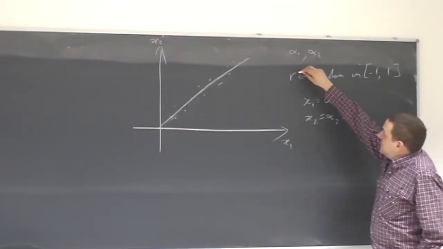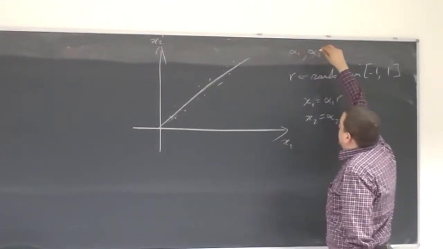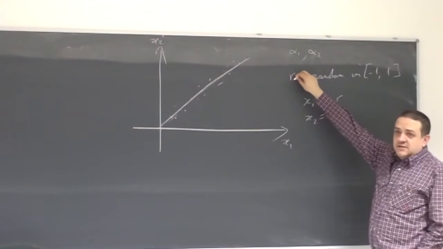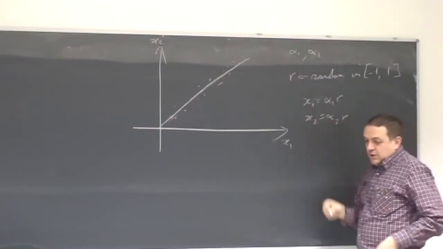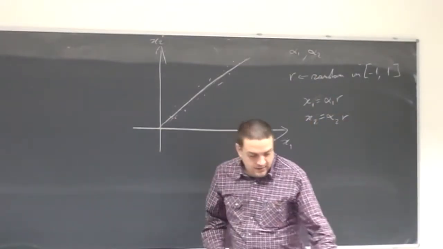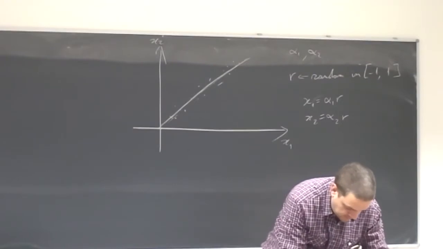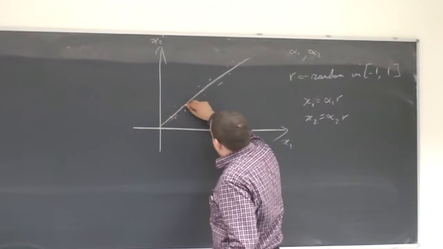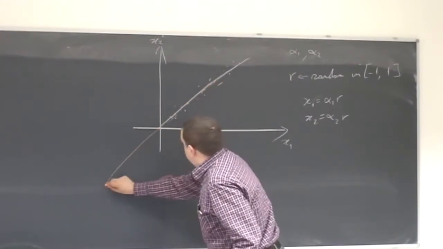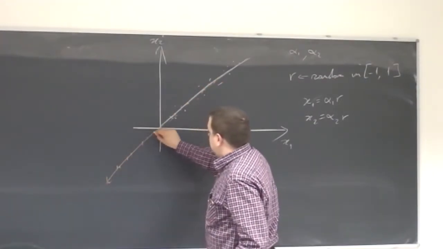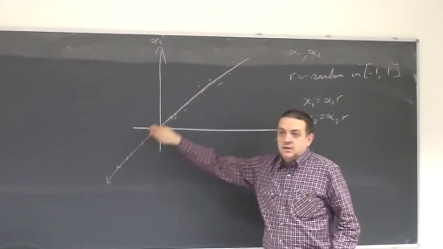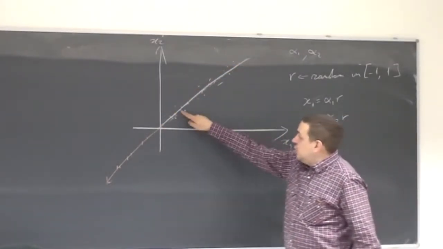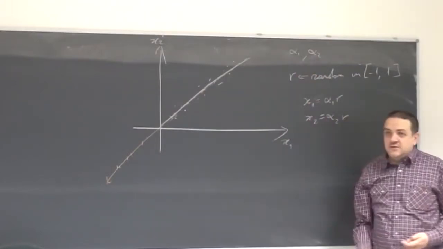If you keep alpha 1 and alpha 2 fixed and you generate different random numbers, what you get is a set of points that are aligned on a line where the slope of the line is alpha 2 divided by alpha 1.